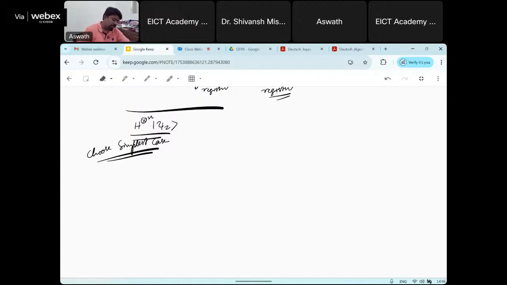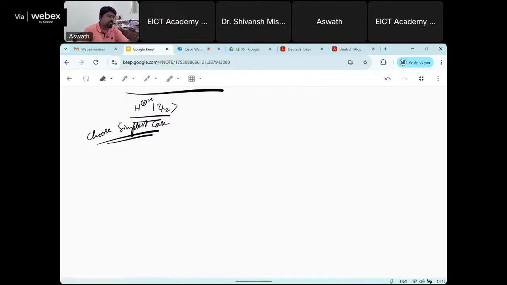The simplest case we will be choosing is Hadamard acting on x. As we know, if x is equal to 0, H acting on 0 gives you an equal superposition of the 0 ket and 1 ket, in phase, with no relative phase between them. Let me write that in a generic form using summation.